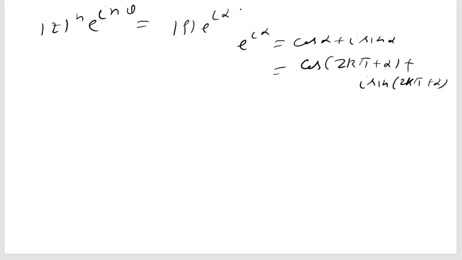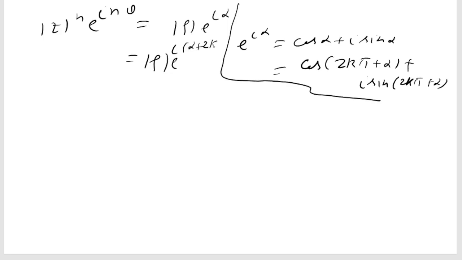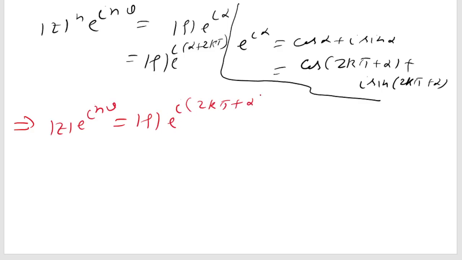So that means we can write this as mod rho, e to the power i (alpha plus 2k pi), and obviously k is an integer. So mod z to the power n, e to the power i n theta, is nothing but mod rho, e to the power i (2k pi plus alpha).